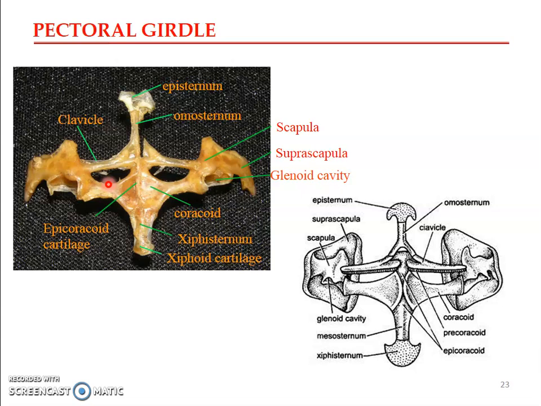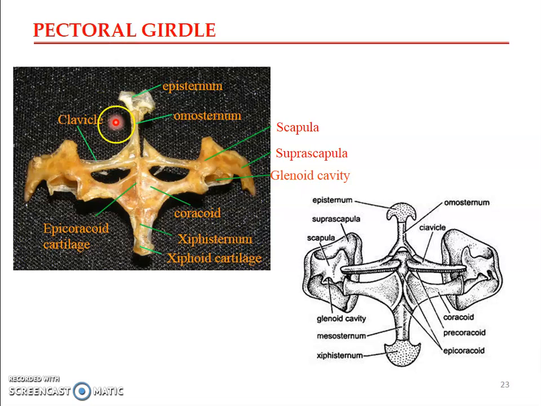The clavicle bone is a slender rod-like structure, and the coracoid is almost dumbbell shaped. Okay, these two on either side meet mid-ventrally. That is, the clavicle of the left side and the right side meet mid-ventrally. Similarly, the coracoid on either side meets mid-ventrally.